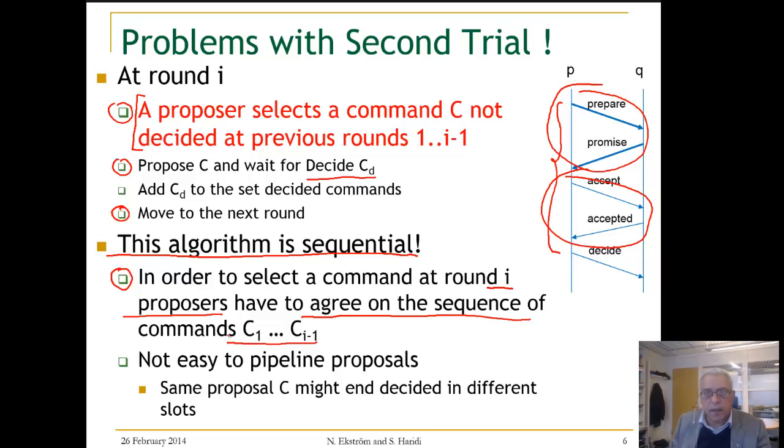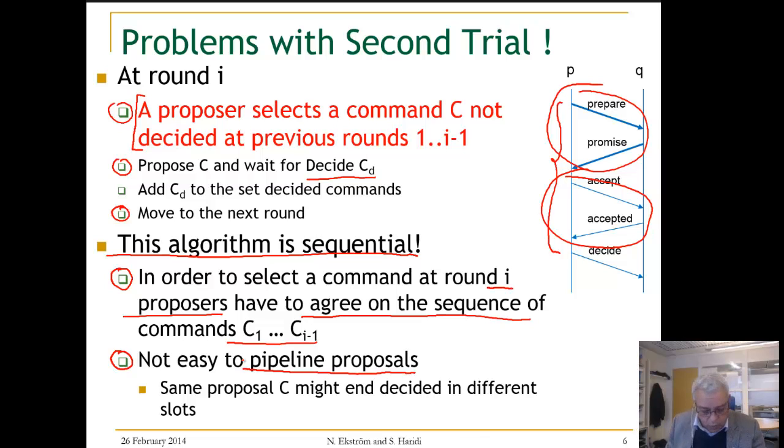And that is what imposes this kind of sequentiality on the algorithm. And if you think about it, and we are going to show now, any naive approach to try to make this algorithm more efficient by pipelining, for example, proposals, will end up with some problem.